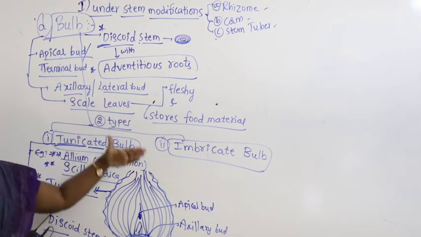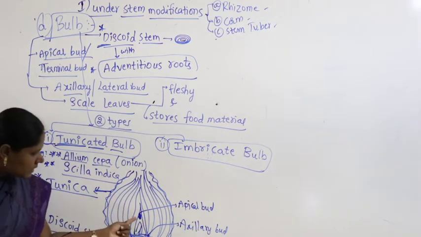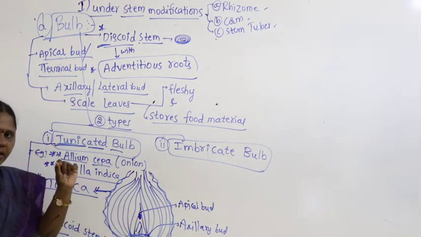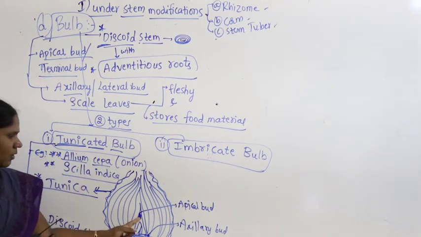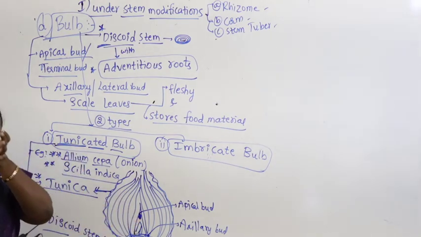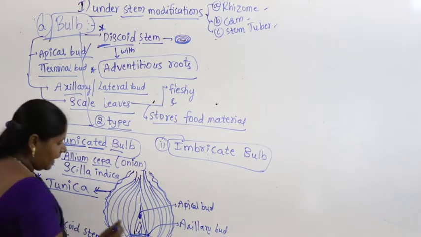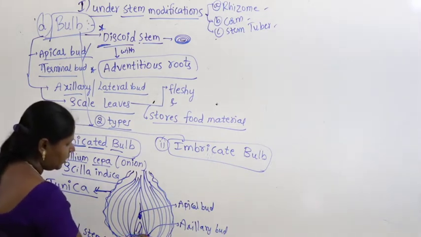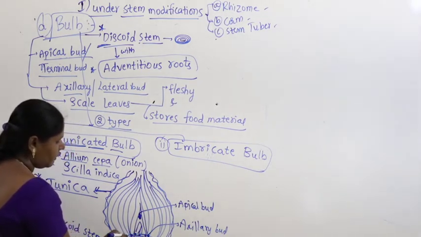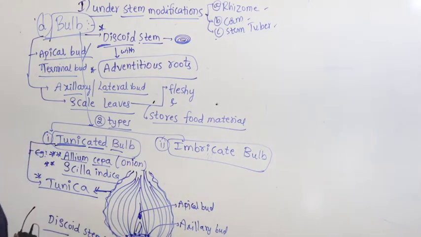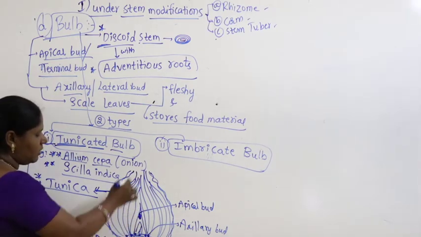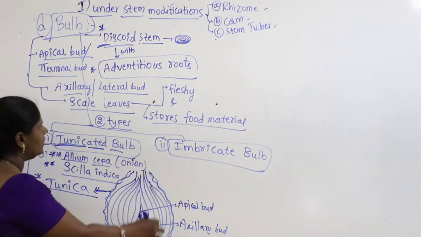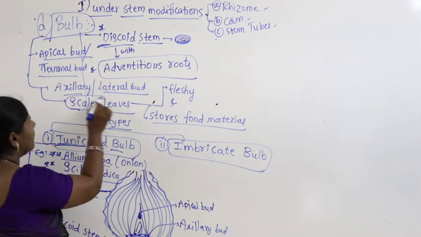If you cut the onion vertically, you can see in the center a white, pink, light greenish or light yellowish part; that is the apical bud. Surrounded laterally from each axillary bud, you can see the formation of scale leaves. These are all axillary or lateral buds. Then from the axillary or lateral bud, what you find here are nothing but scale leaves.